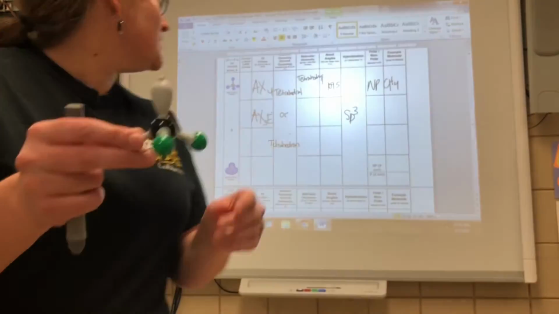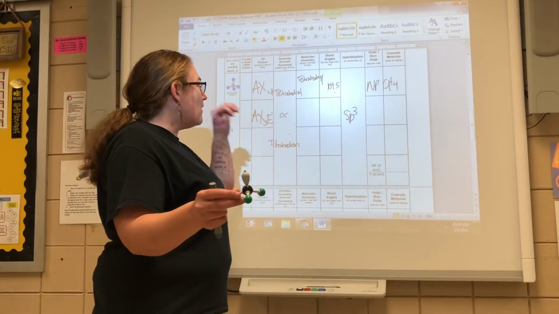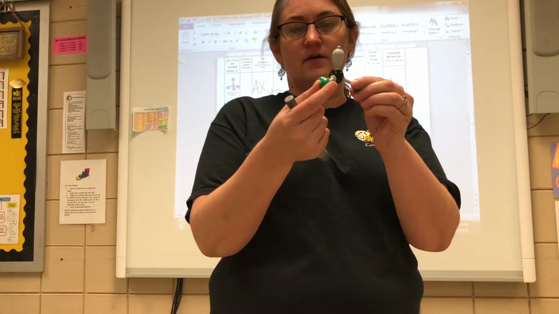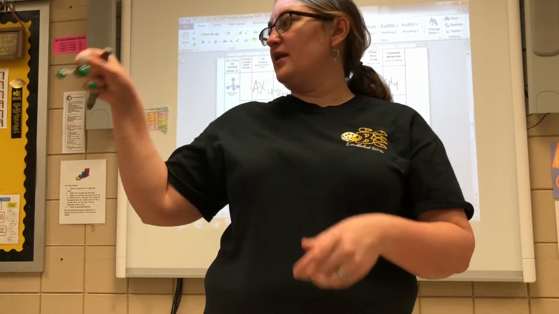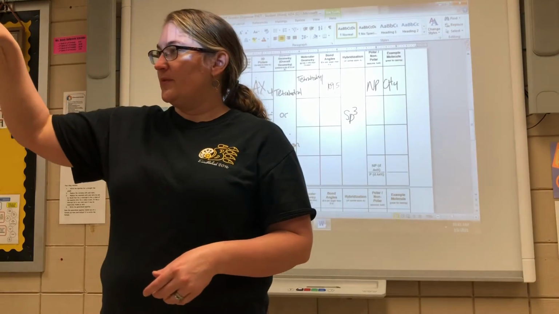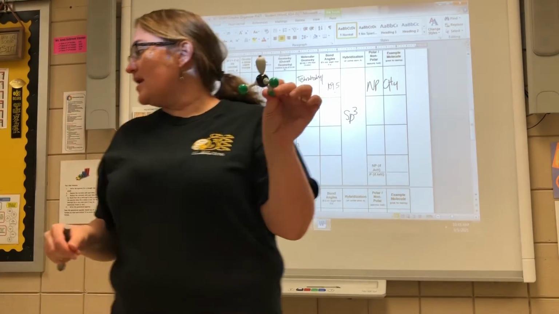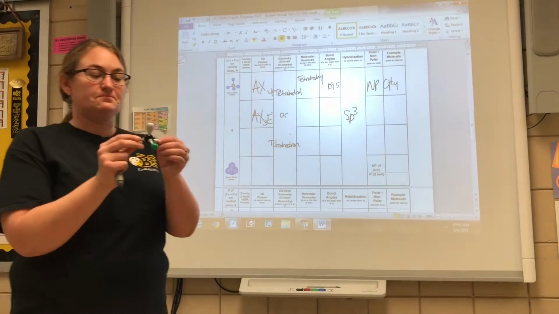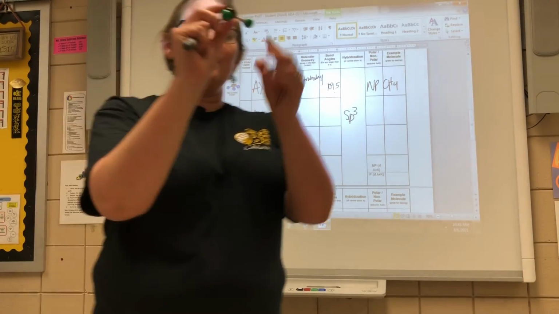And so we're looking at now still a tetrahedral shape overall, but we want to look at what is the molecular shape here, because molecular shape did not involve these top electrons. So what is that molecular shape of just this central atom and these 3 green ones?